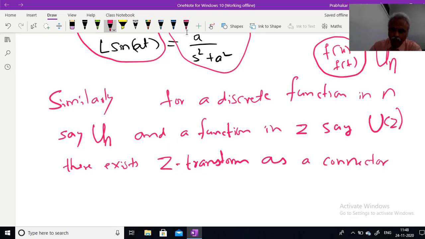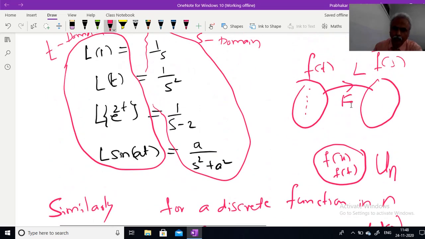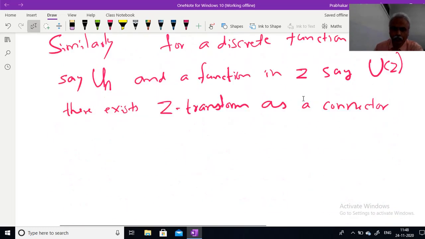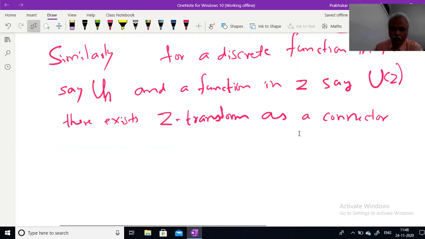I am giving the analogy of the Fourier transform. Every t function, say here t square, transforms to 2 by s cube. Object, its reflection. If you change the object, the reflection will change. Similarly, for a discrete system, for every n function, we have got some z function.